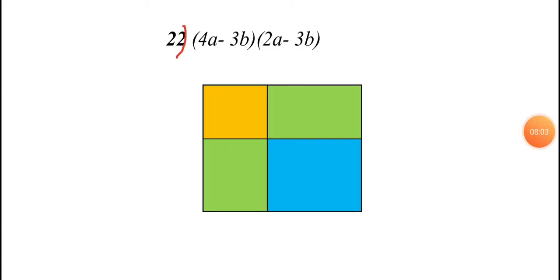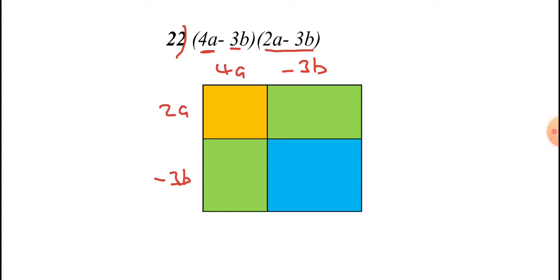And now question 22. Because I can see 4a minus 3b, I'll write 4a minus 3b here like this, and the 2a minus 3b, the 2a will go there, and the minus 3b will go there.